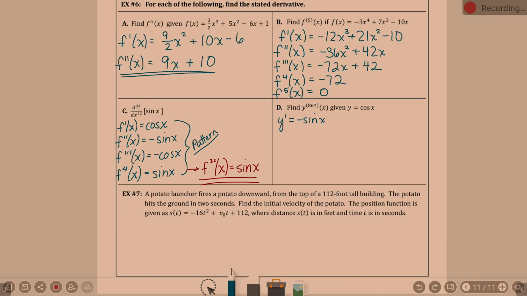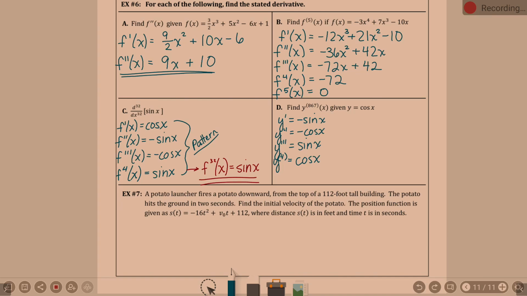Second derivative of negative sine is negative cosine. Third derivative of negative cosine is sine. Fourth derivative, and we're back at the beginning, so there's our pattern, yes?